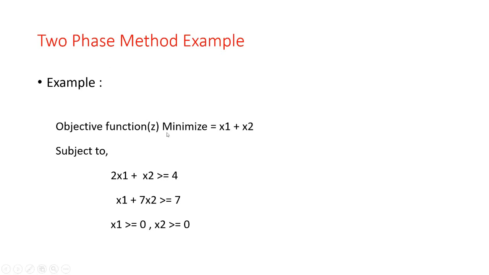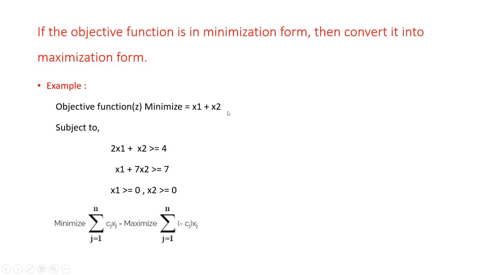In the two-phase method, first we have to convert this minimize objective function into the maximize form. If the objective function is in the minimization form, then convert it into the maximization form. So how do we convert the minimize objective form into the maximize form?